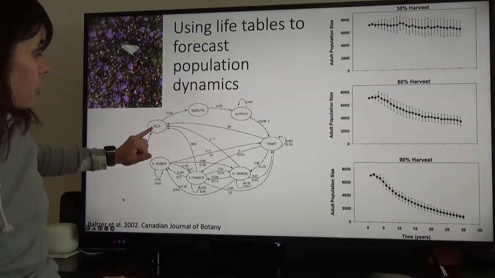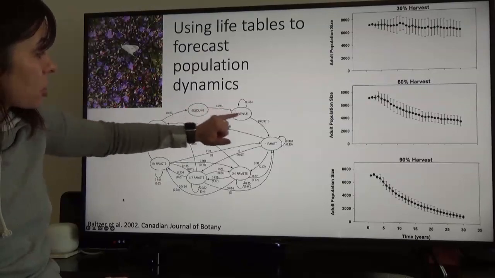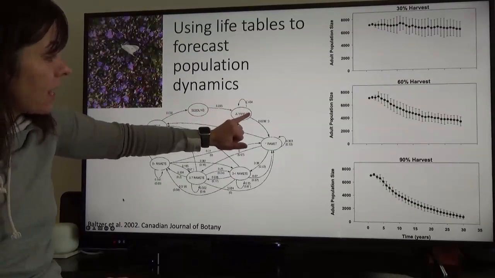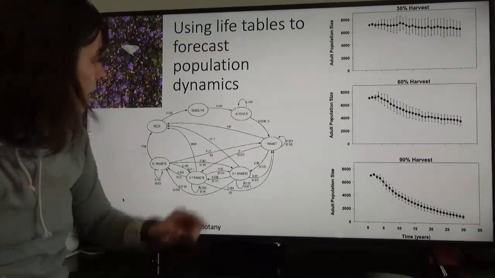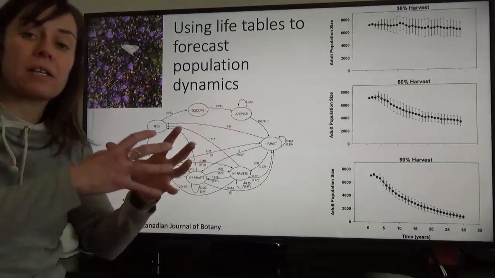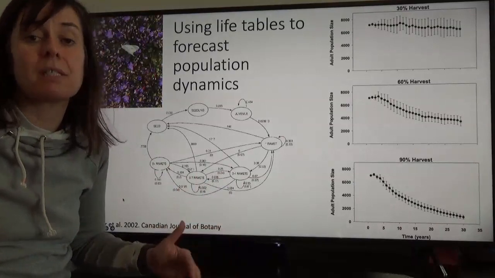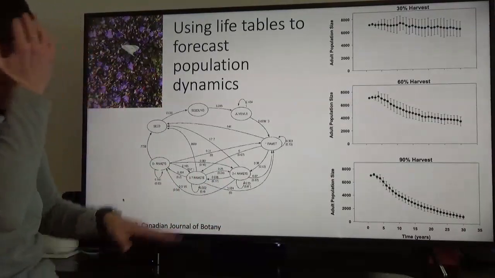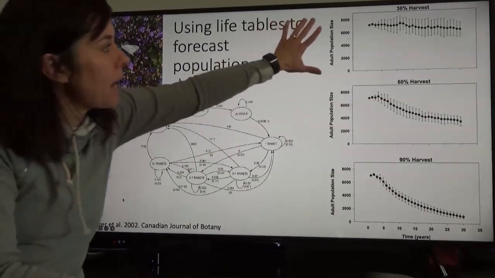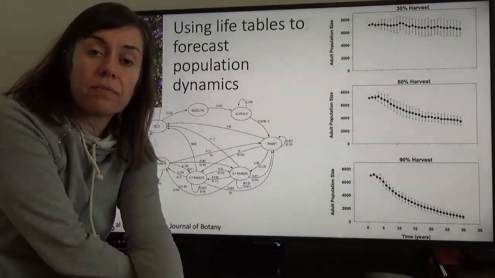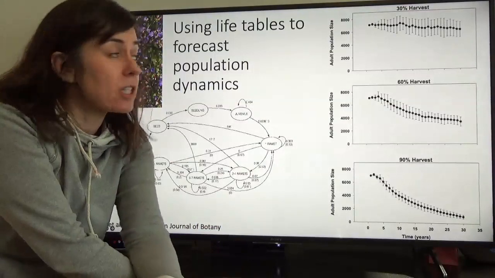So we see that the transition from seed to seedling is only 0.035. From seedling to juvenile, it's much higher, 0.233, and then it drops down again for a juvenile to reach reproductive maturity. And we have return of juveniles to the juvenile stage, because it takes a long time for individuals of this plant species to become reproductive. So when we have this kind of model parameterized like this, then we can play around. In this case, we were interested in the harvesting of flower stalks and what the implications of that were for population size.